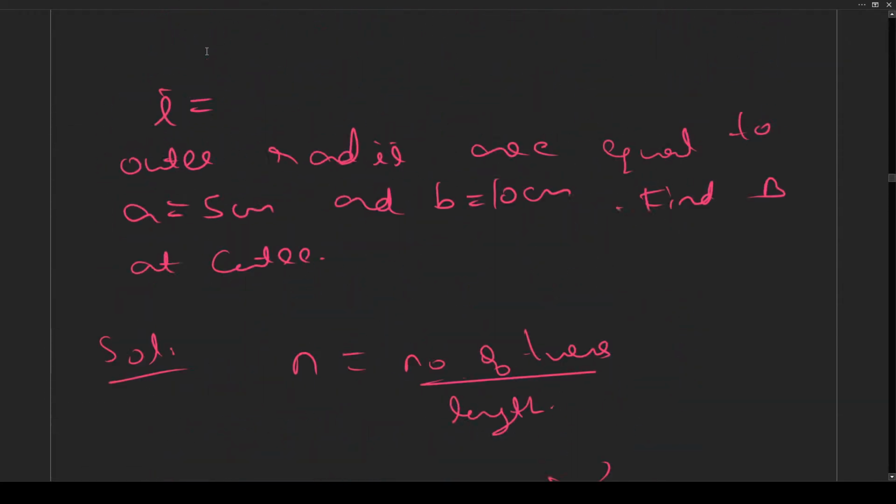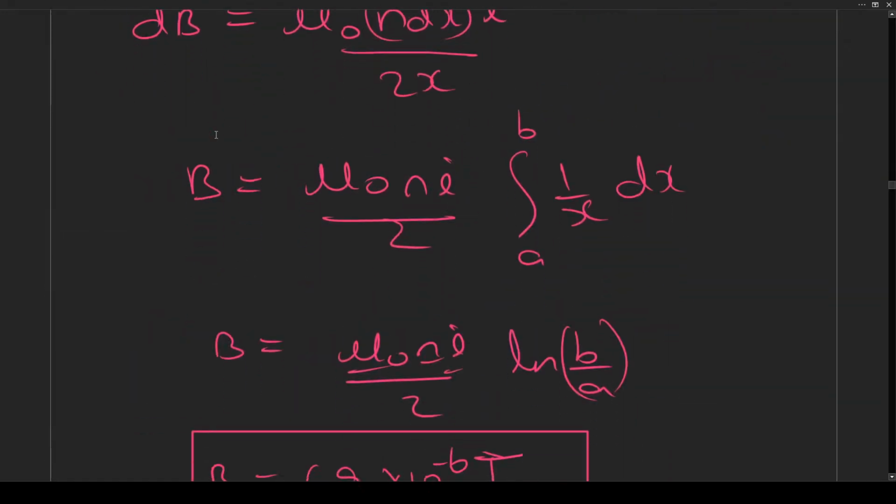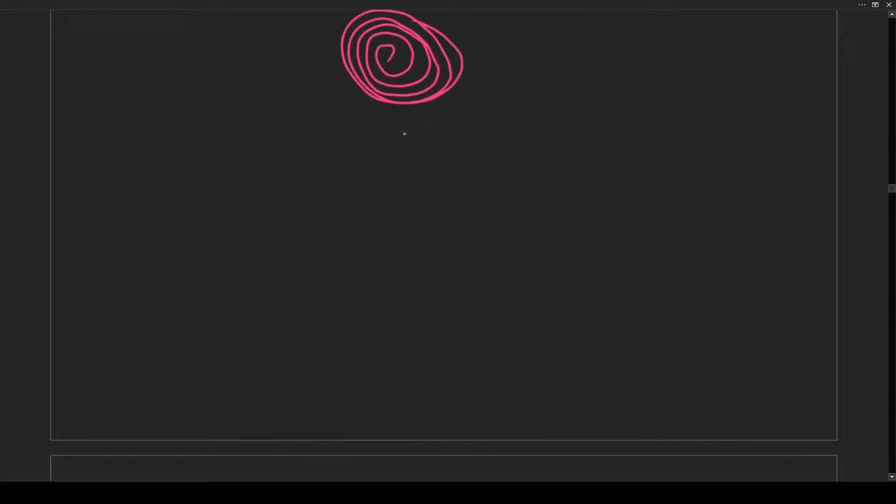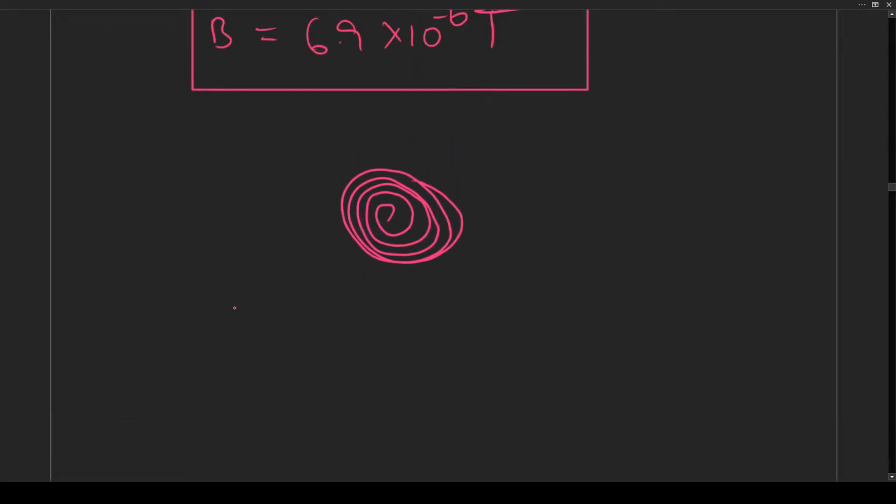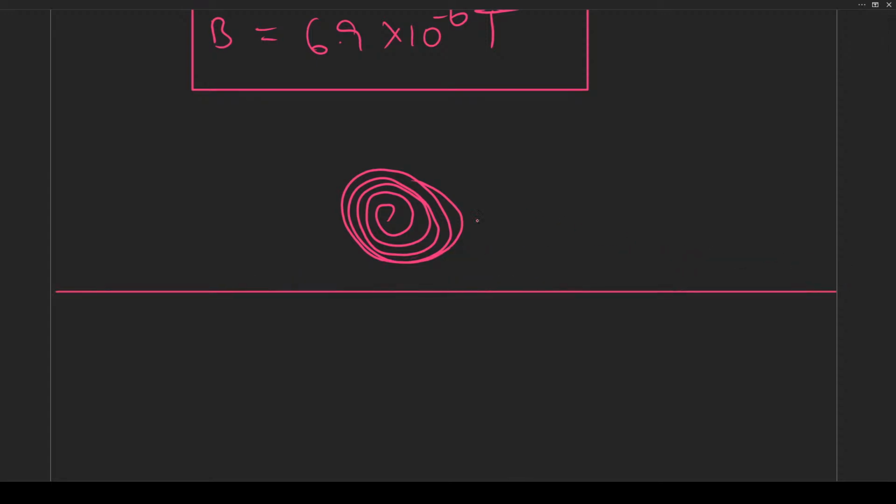The diagram was given. The diagram was a spiral of wire like this.